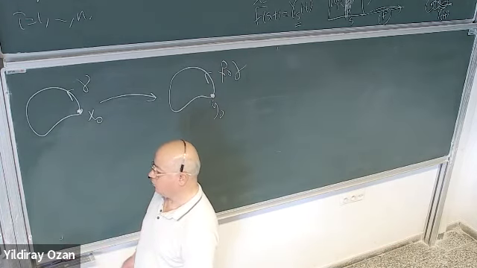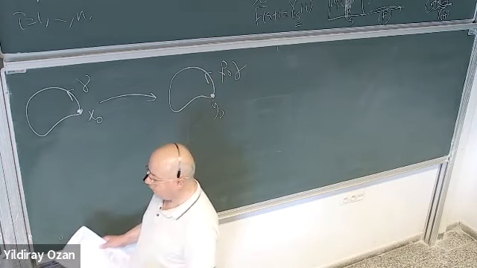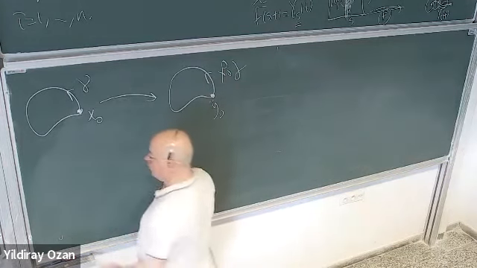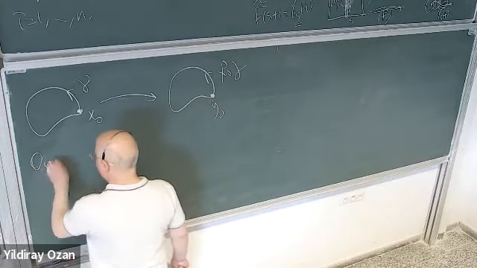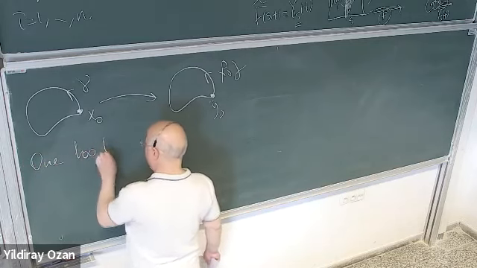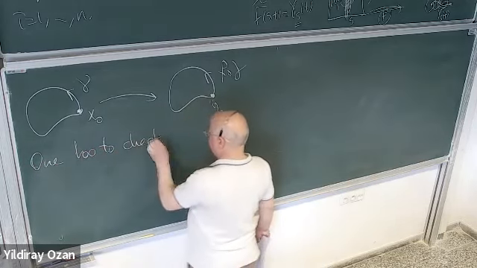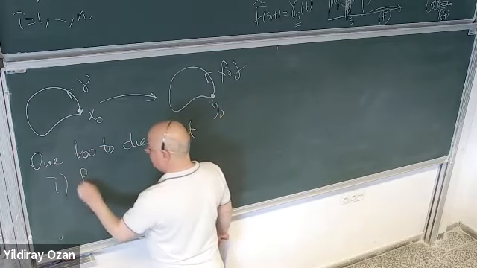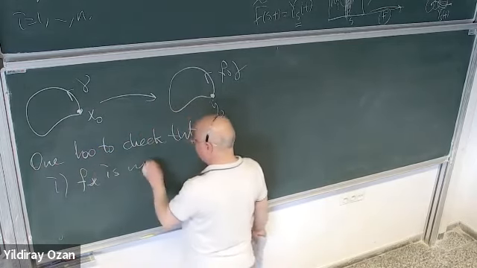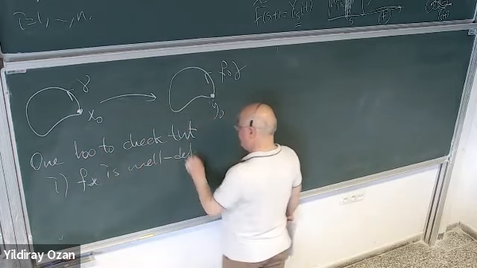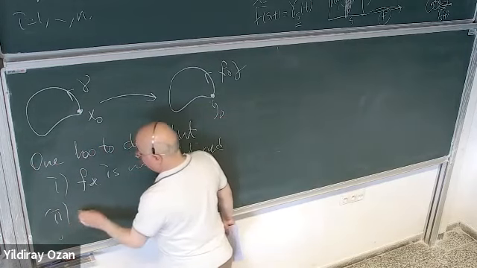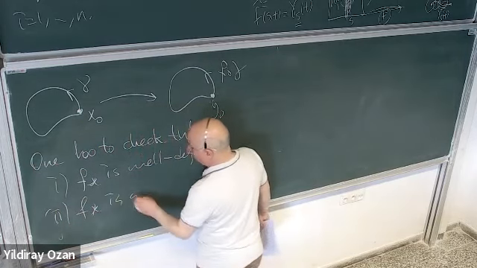Like, this is well defined, and it is really a group homomorphism. So one has to check that first, this F star is well defined. Second, this is a group homomorphism.